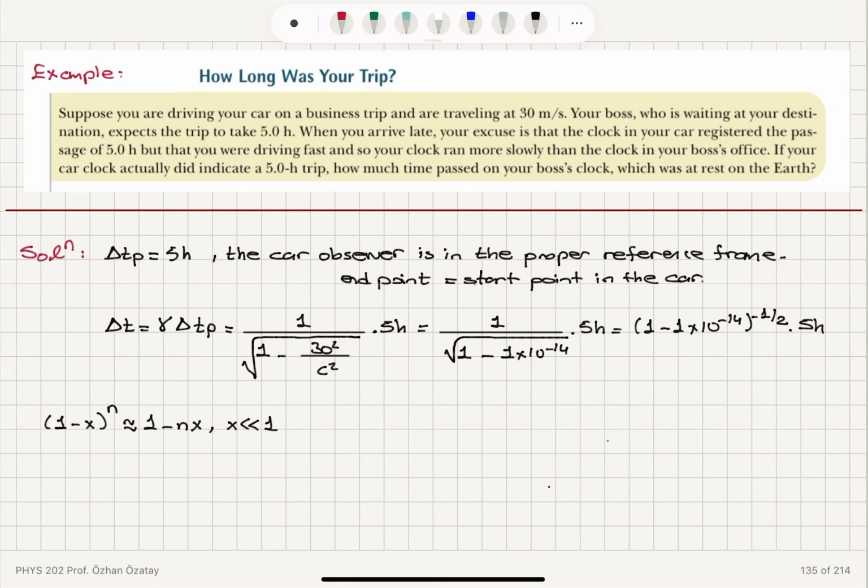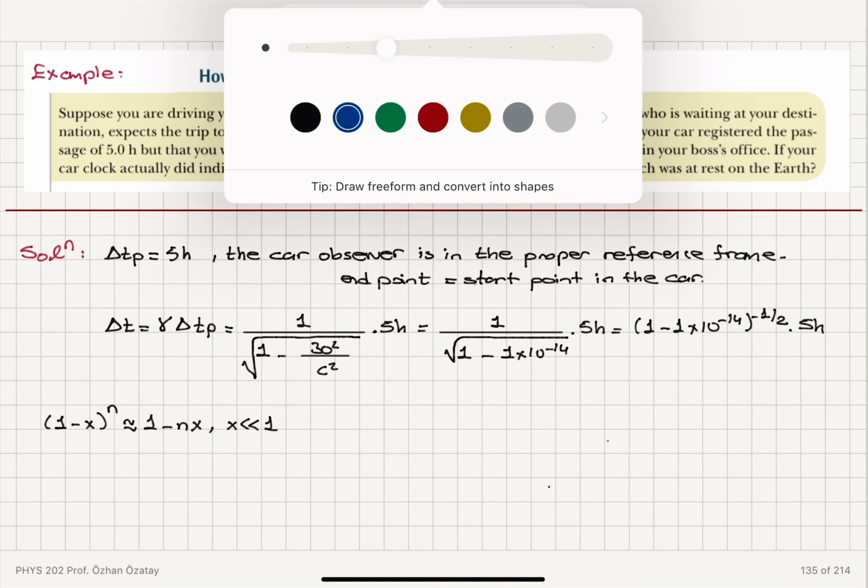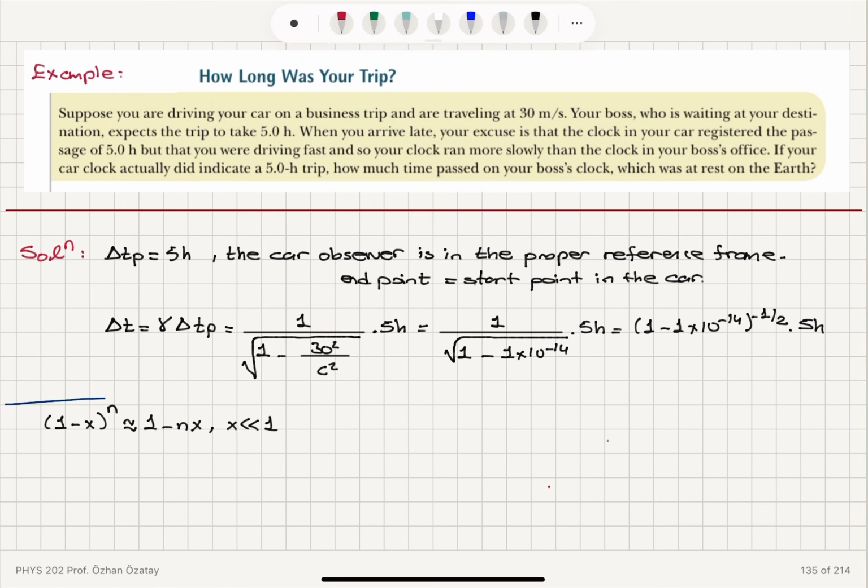You substitute x equals 0. This will give you just 1, so n multiplied with x. So this will be 1 minus nx. All right, so this is something we know very well from Taylor series expansion, and therefore I can estimate the result.